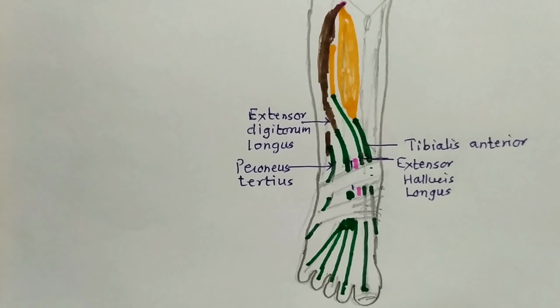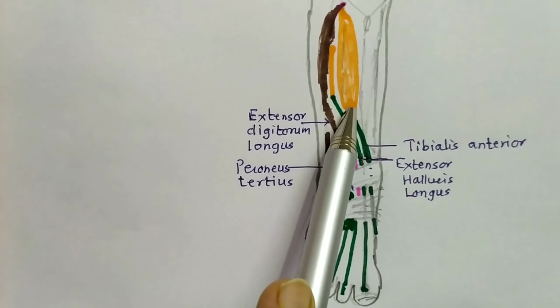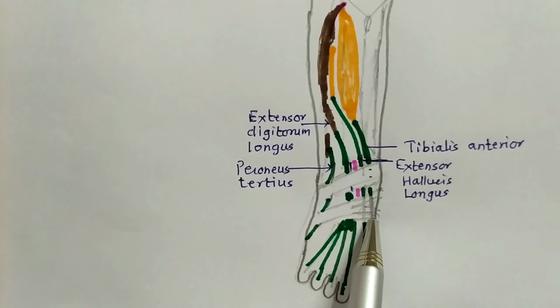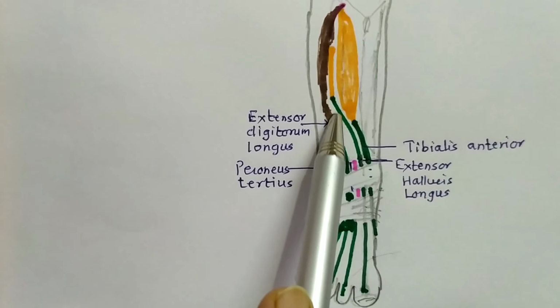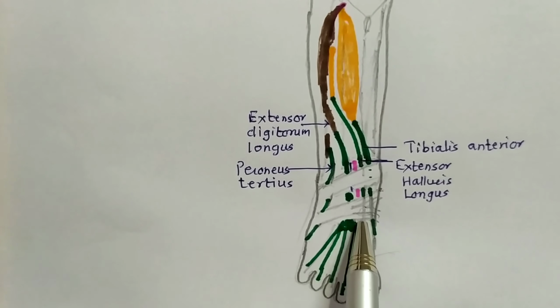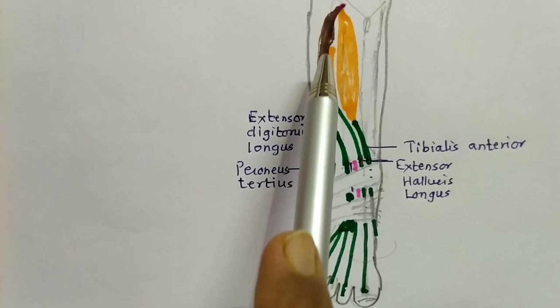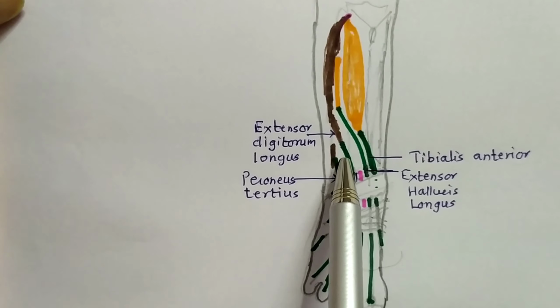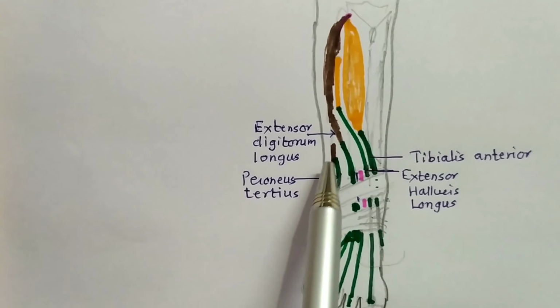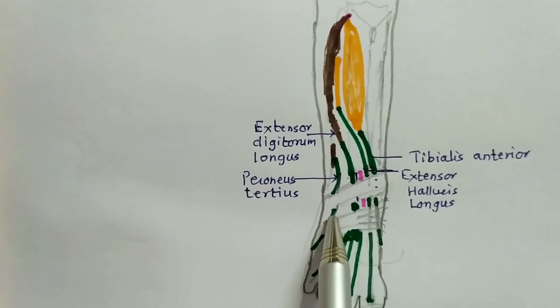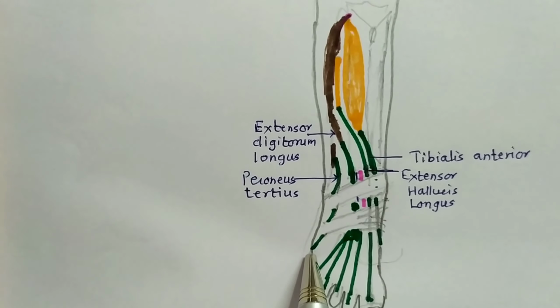The anterior compartment of leg is the extensor compartment. It consists of 4 muscles. The tibialis anterior, which goes to medial margin of foot, the extensor hallucis longus goes to great toe, the extensor digitorum longus divides into 4 tendons for lateral 4 toes, and the peroneus tertius goes to lateral margin of foot.